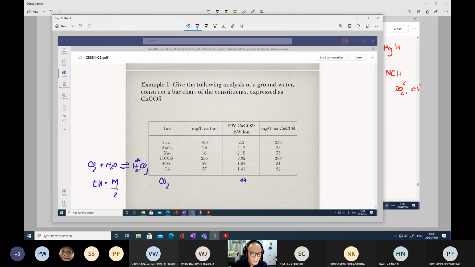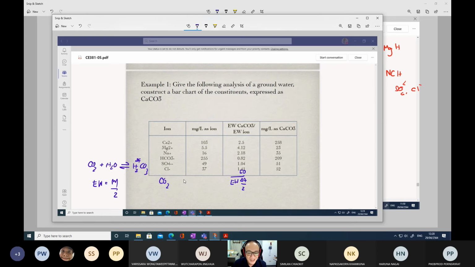2 protons are exchanged, so the equivalent weight is 44 divided by 2. This is the equivalent weight of carbon dioxide, and the equivalent weight of the other one is 50.